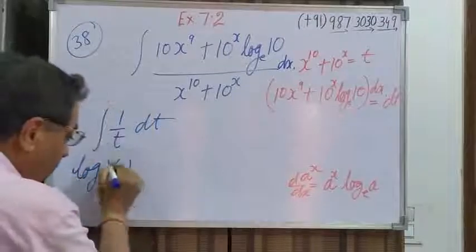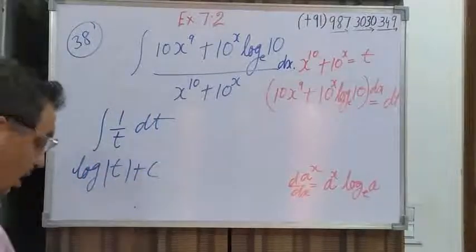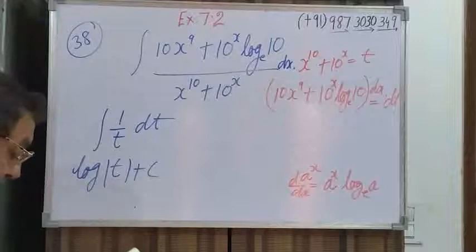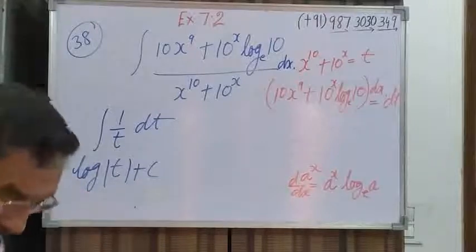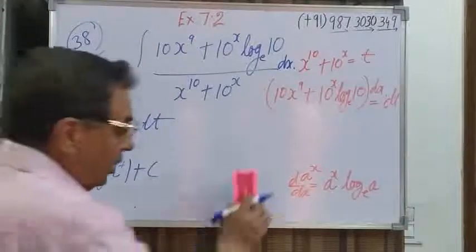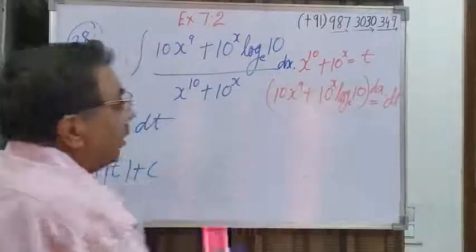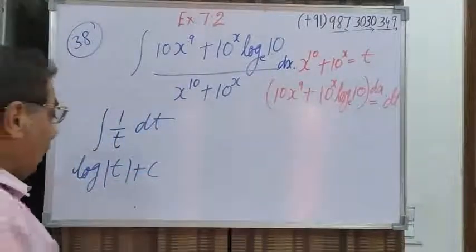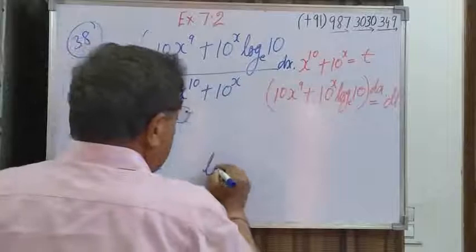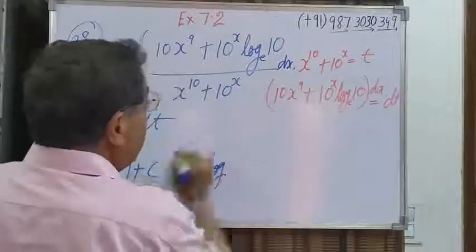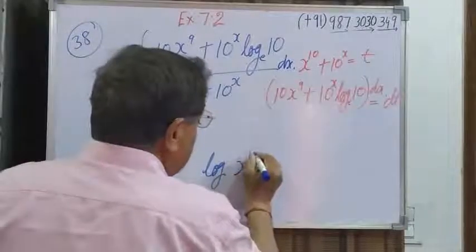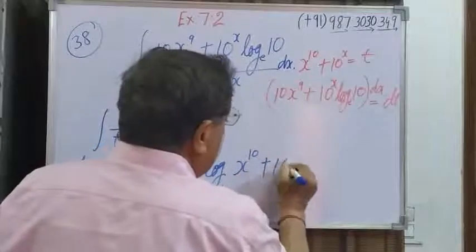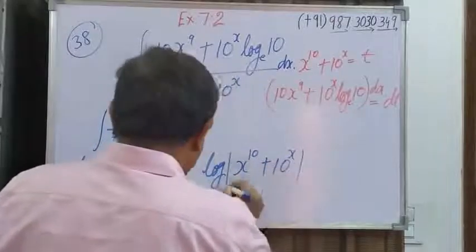And what t have we taken? Just look at the question: x¹⁰ plus 10 to the power x. So the answer comes to be log of x¹⁰ plus 10 to the power x plus c.